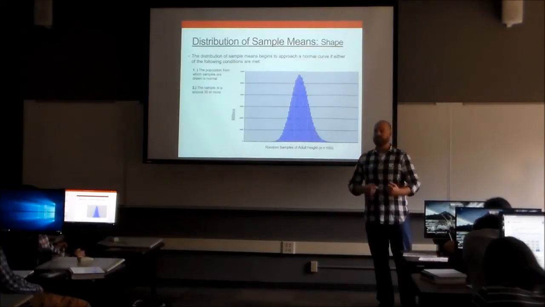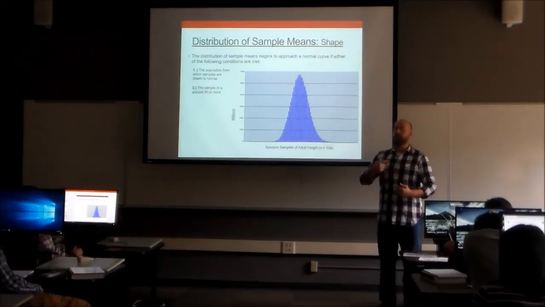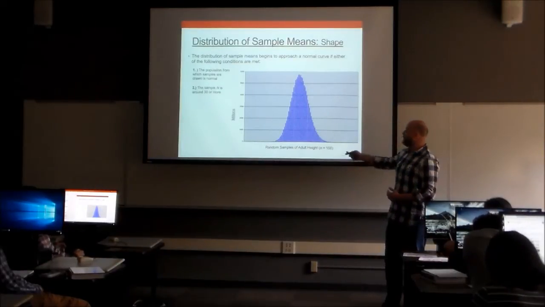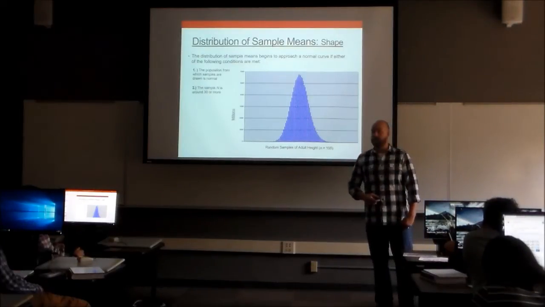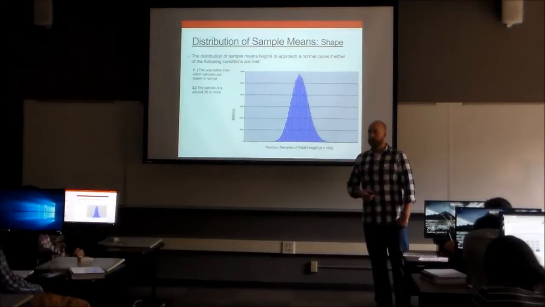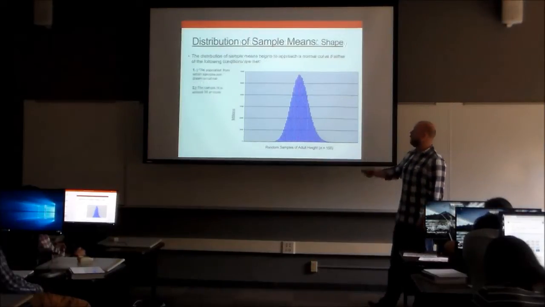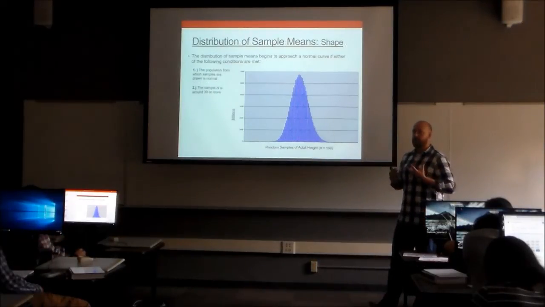If I were to draw 100 people, register the mean, draw another 100 people, register the mean, and again, the distribution of sample means would become very normal, particularly with a sample of 100 or more. People sort of understand these properties and how this starts to develop, okay?